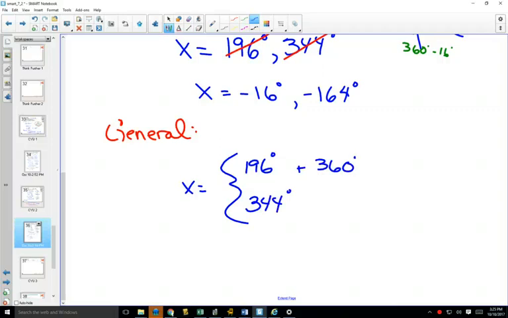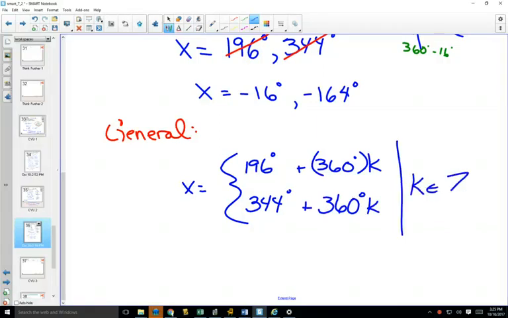I add 360 degrees k times, where k is an integer. So it doesn't matter if we use negative 16, because can you see that negative 16 is coterminal with 344? So this is 344 plus 360k. If k is minus 1, you hit negative 16. And the same thing, this one and this one are coterminal.